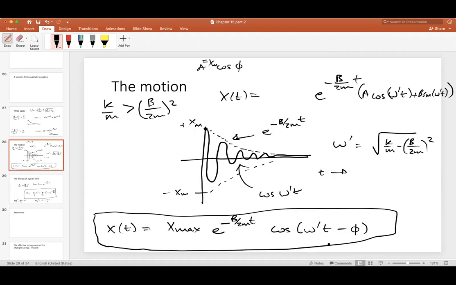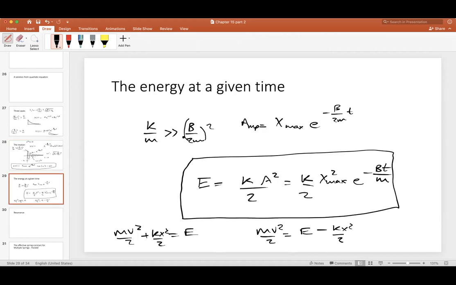And just plugging in omega prime, assuming in this case you have to know beta, but you could find v here quite easily. So you can do things with this. In real life, what you do is you map it. I don't know why you necessarily need to know the energy.